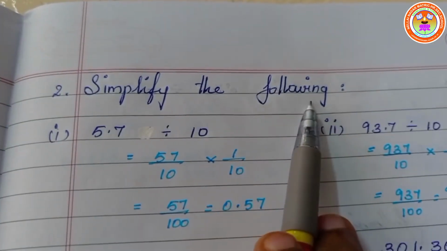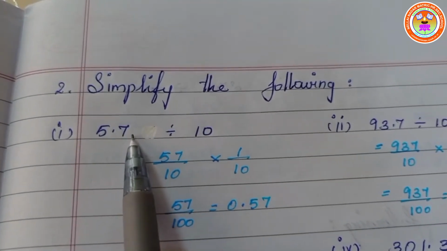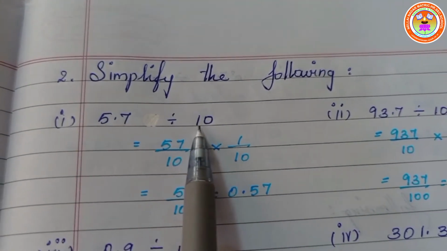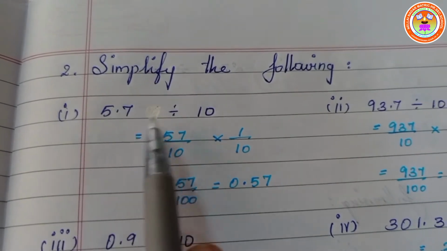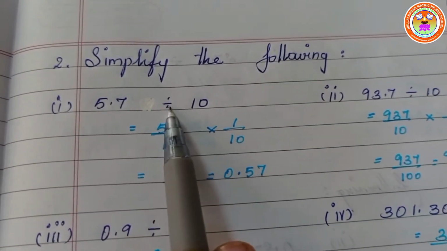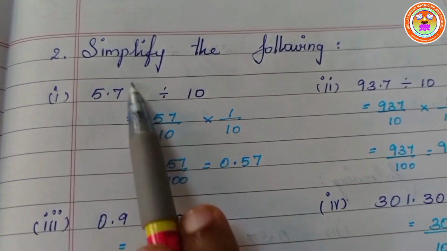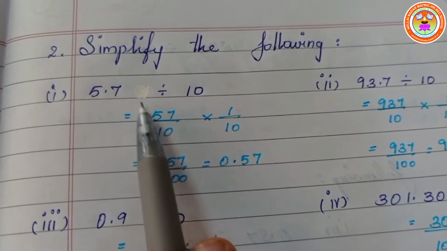Simplify the following. Okay. So first subdivision, 5.7 divided by 10. So the decimal number has to be divided by 10. So the first step is to convert the decimal number into a fraction.